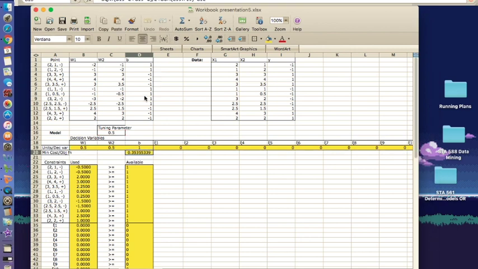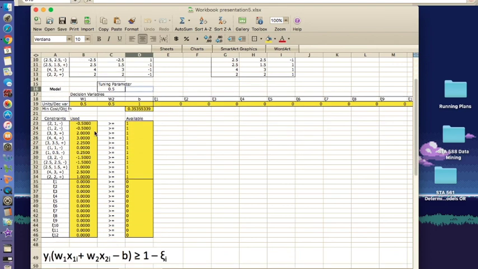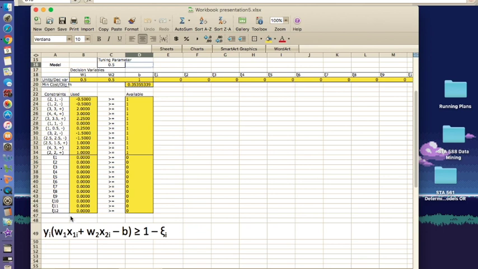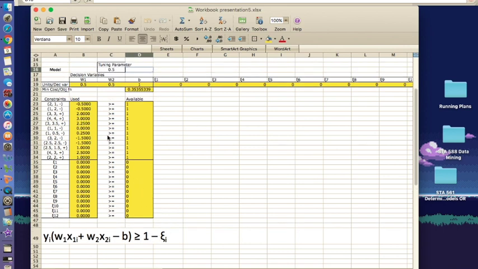Okay, so now moving on to the constraints. So each constraint, as a reminder, I've written here, needs to be of the form y sub i times the sum of w1 x1 plus w2 x2 minus b needs to be greater than or equal to 1 minus c sub i.